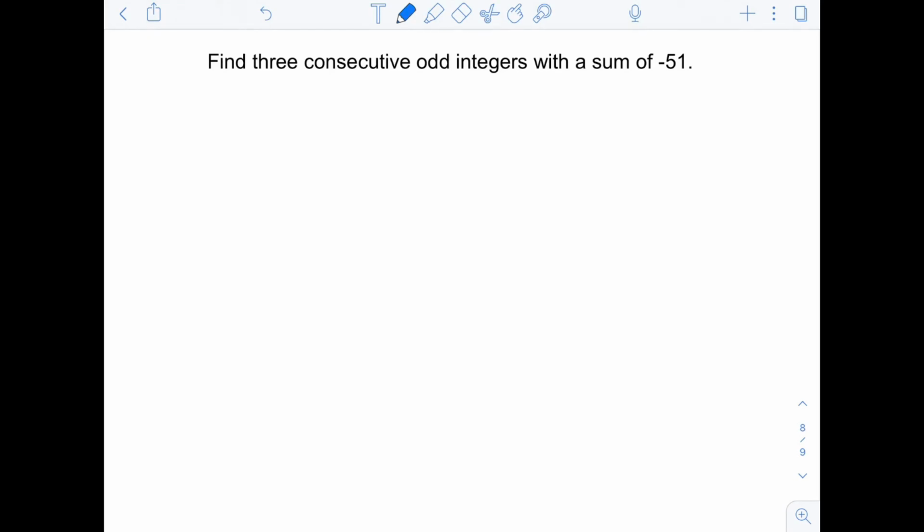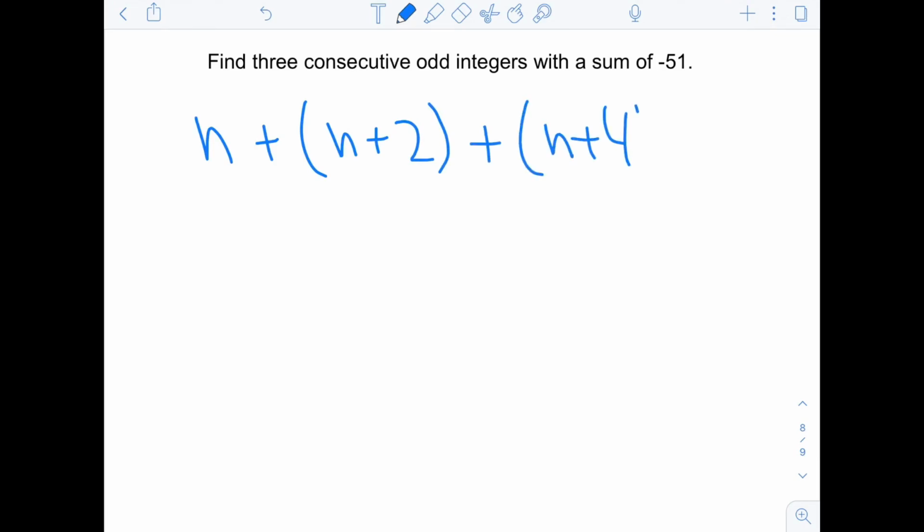So that means 3 consecutive odd integers, that's going to be n plus n plus 2 plus n plus 4. So these are 3 different odd integers that are right next to each other. And their sum, that's why we're adding them together, is negative 51.